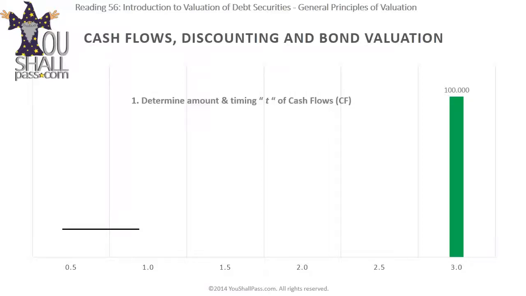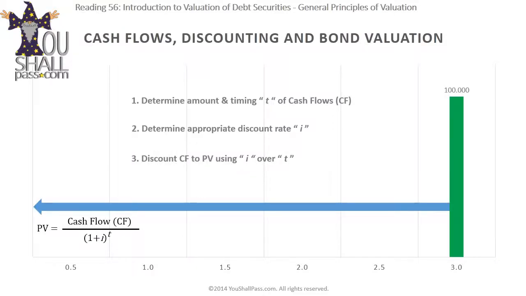That distance from now to the occurrence of the cash flow becomes your time, or T. You have your interest rate, which in the exams will always be given, and using this interest rate you discount the cash flow over T back to present day, and that is your present value. If it's a zero coupon bond that we're talking about here, then this present value is also the price of that bond.